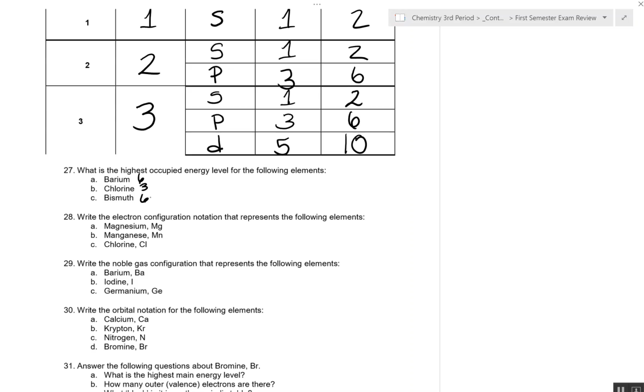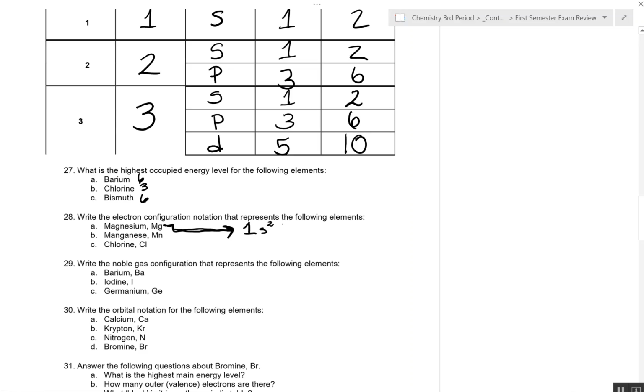Now, write the electron configuration notation for magnesium. I'm just going to do magnesium. What's the atomic number for magnesium? 12. So we have to come up with 12 electrons. So we start with the 1s. How many does it get? 2.